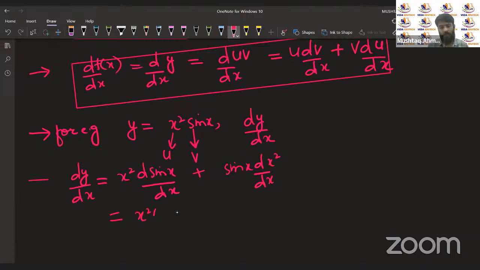The derivative of sine x is nothing but cos x. The derivative of x square is nothing but 2x. Once again using the same formula, that d by dx of x to the power n is nothing but n x to the power n minus 1.